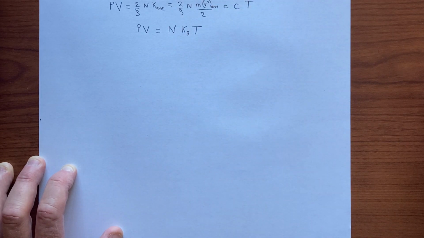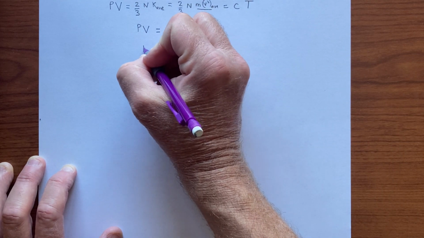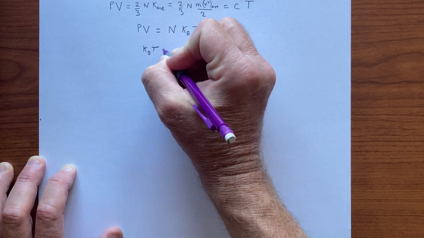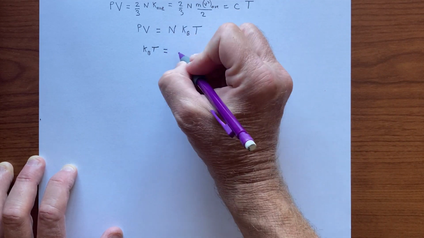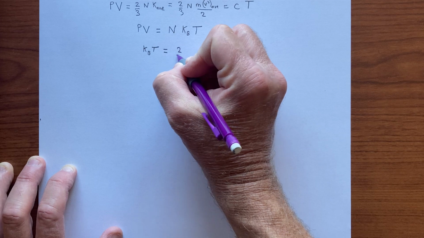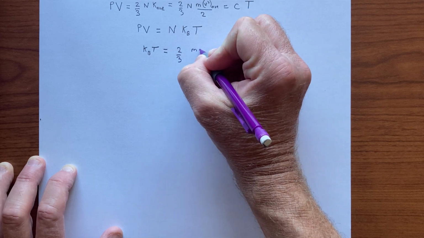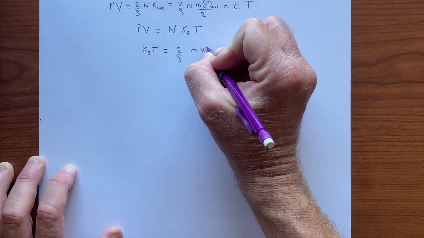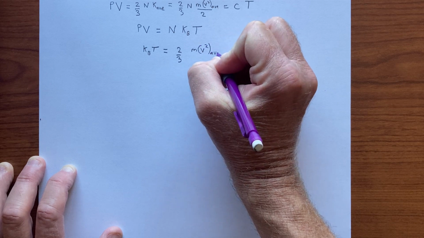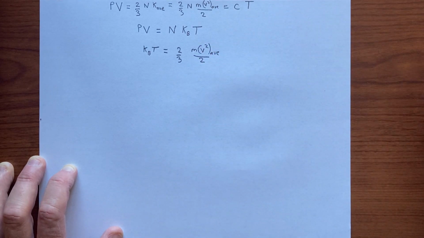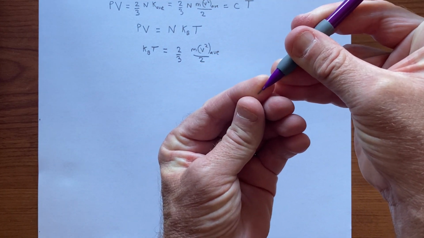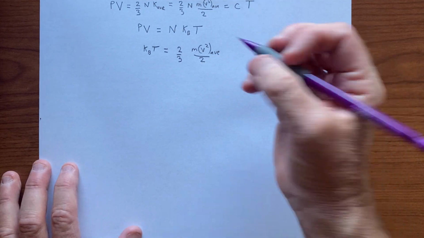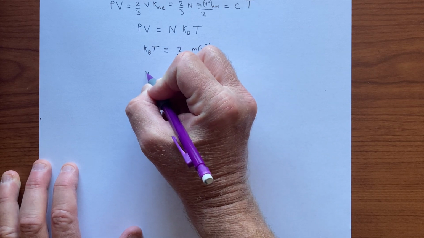And so we can see that k_B times T is, we're just getting rid of the N, so that is 2/3 times this average kinetic energy. And so we have a notion of temperature, right?